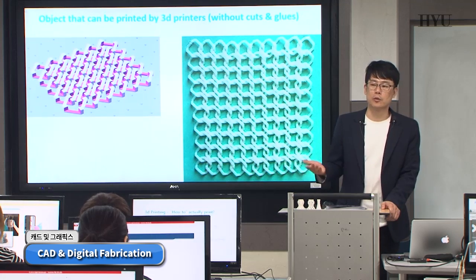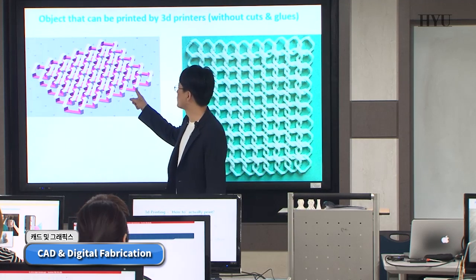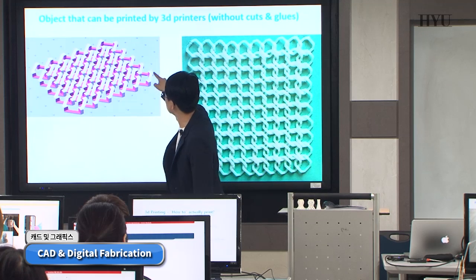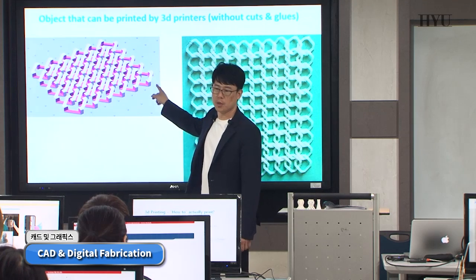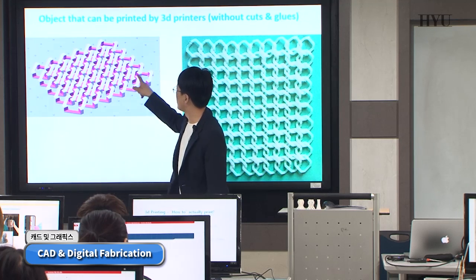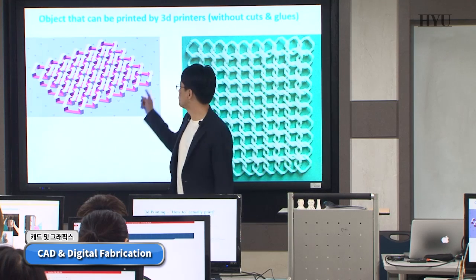And let's take a look at one more example, another one. Please take a look at this example. Okay, here is one single object, a rectangle shape object, and they connected with others like this way, okay? In 3D.